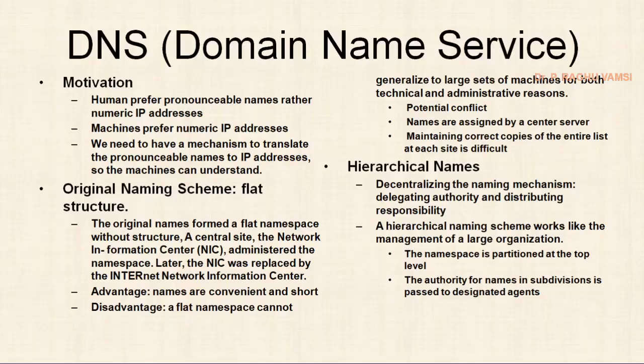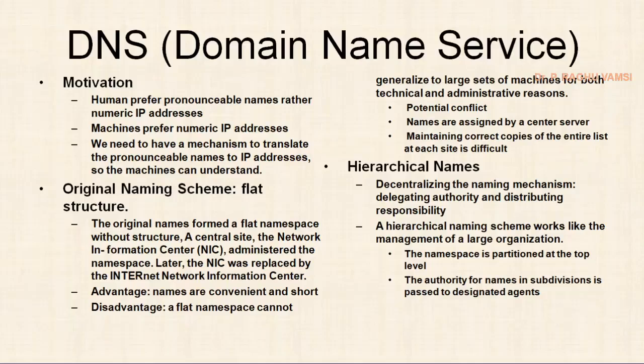This way of conversion from the pronounceable names to the IP address is said to be domain name service. This domain name service will utilize the UDP as the internal protocol for providing the service. However, DNS will use both TCP and UDP. We will see when the DNS will use TCP, and when it will use the UDP.